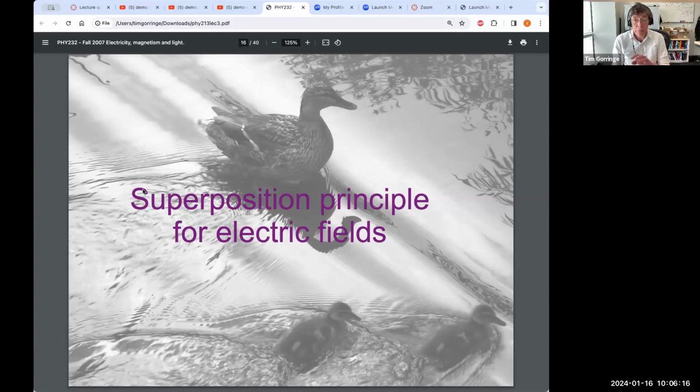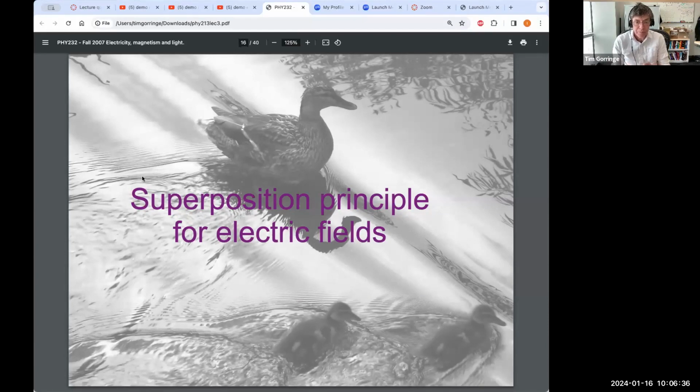Now I want to move on to exploring electrical fields of arrangements of charge beyond just a single positive charge or a single negative charge.